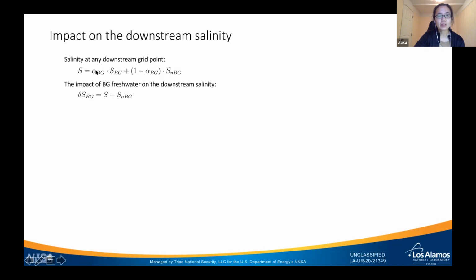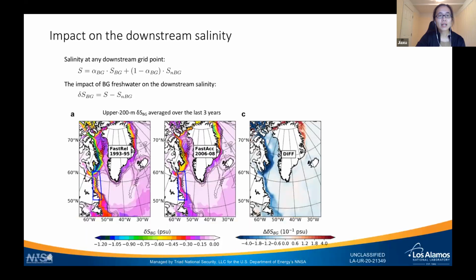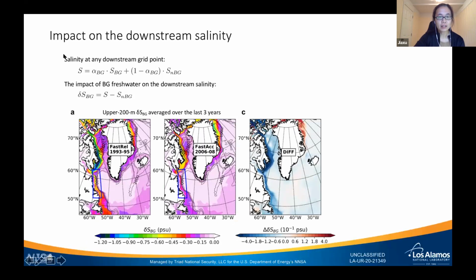As you increase the alpha BG value, you're introducing more and more freshwater into the system. So you are getting the S lower and lower, and this difference will be more and more negative. So the more negative the delta value is, the greater impact from the Beaufort-Gyre. So we calculate this delta value at each of the locations, and we plot them on a map.